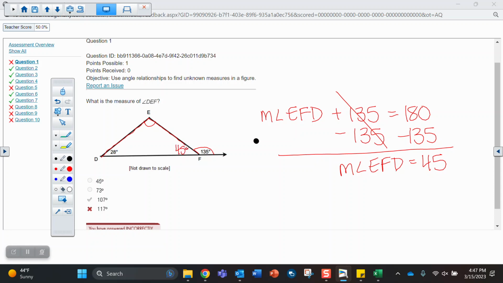And now that I know two of the angles of the triangle, I can find the third. I'm going to call this one x. So x plus 28 plus 45 equals 180. This is the triangle angle sum theorem, that the angles in a triangle will always add up to 180.